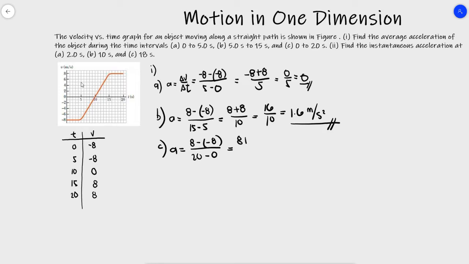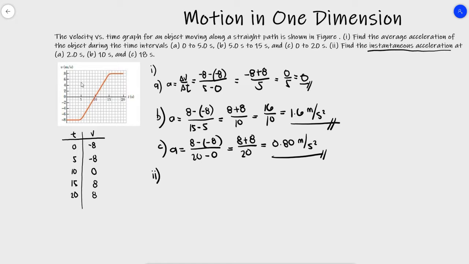This is also equal to 8 plus 8 over 20, which is equal to 16 over 20, that is 0.80 meters per second squared.